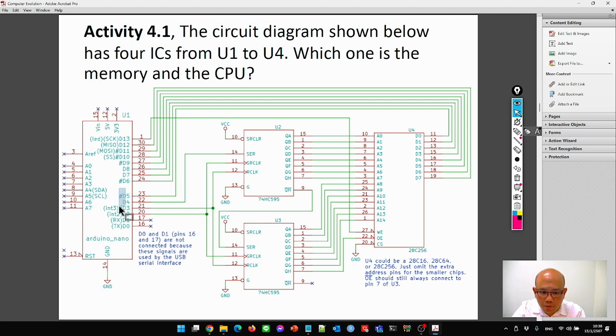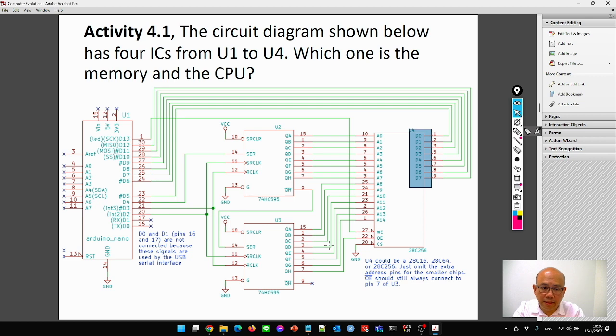The serial data is sent from the Arduino, and the Arduino sends the serial address, which is converted to parallel here and sent to the memory, and the memory reads and writes via the data bus here.